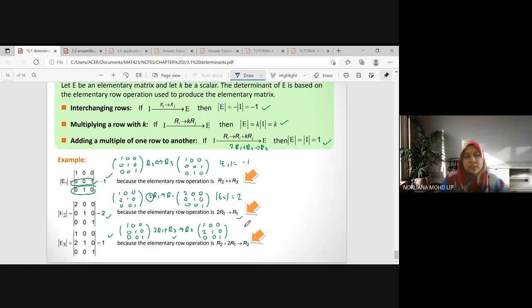Okay, this operation so is equal to 1 tadi. E3, if you use this operation, so is equal to 1. So this is the theorem for elementary matrix.